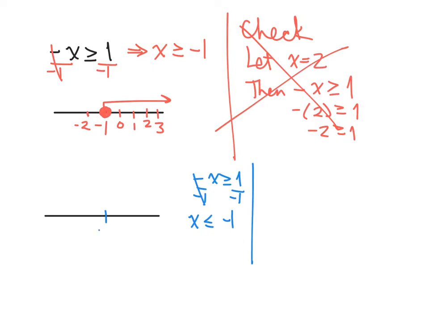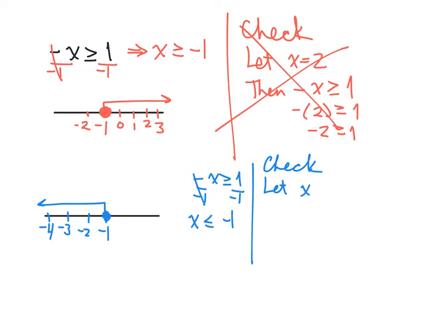Now, we still have our negative 1, and we're talking about all the x's that are less than or equal to negative 1. So here's equal to negative 1. All the ones less than that are going to be to the left. So negative 2, negative 3, negative 4, and now we can check just like we did before. Any of these numbers are going to be solutions.